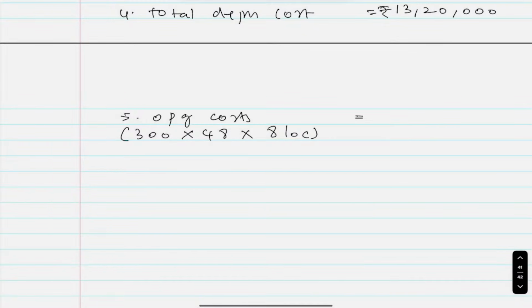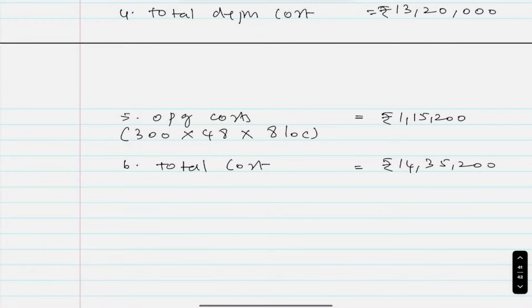Tell the value. 1,15,200. Total cost 13,20,000 plus 1,15,200. So what is the answer? 14 lakh 35,200.